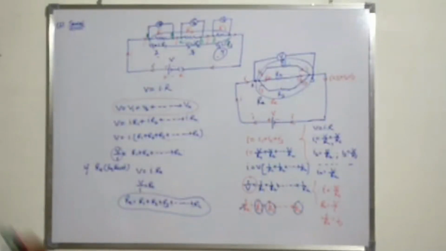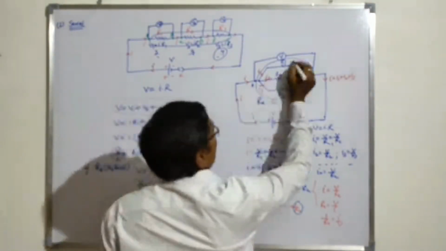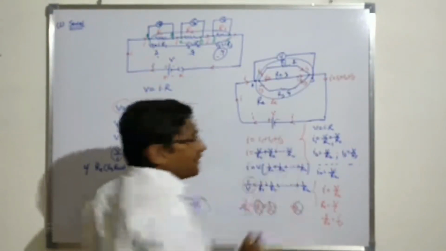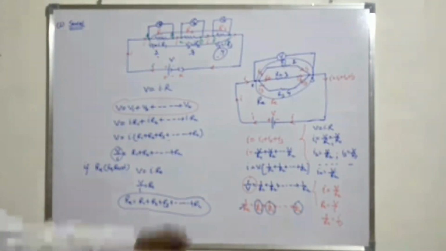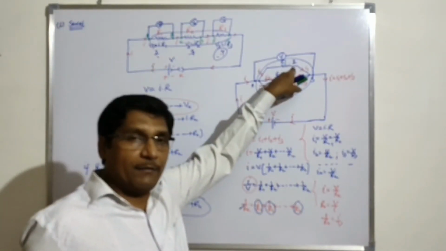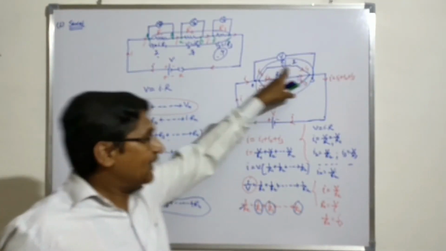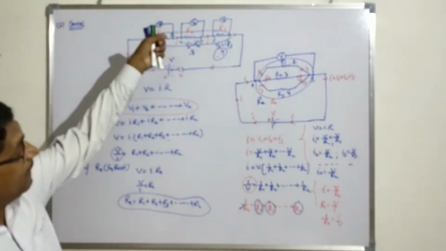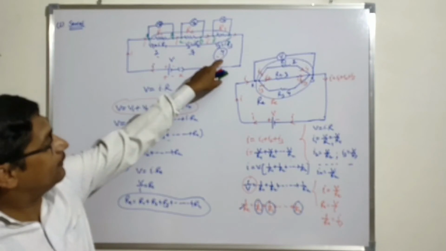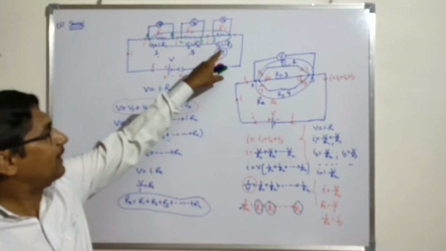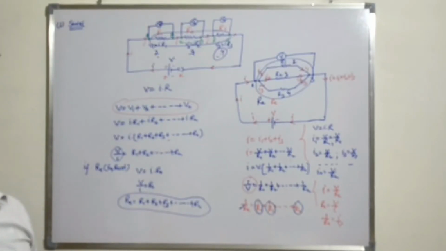But in parallel combination, suppose we have 2 ohm, 3 ohm, 4 ohm, then the equivalent resistance is found less than the lowest value of the individual resistances.